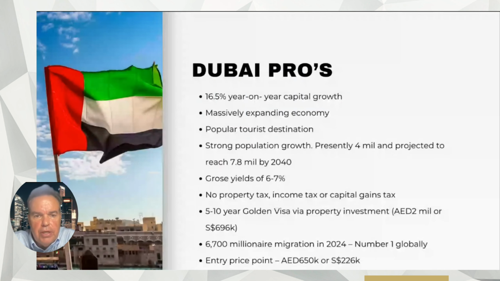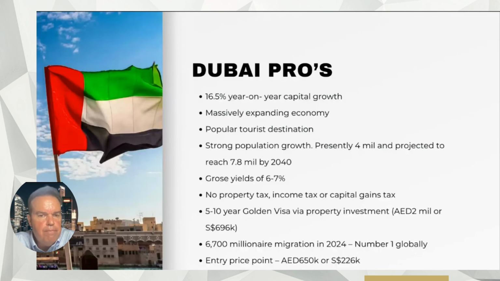Now, I think because of the favorable migration, golden visa and attractive tax jurisdiction, what we saw last year was 6,700 millionaires migrating to Dubai. That was the highest number of millionaires migrating to any country last year, in fact almost double the USA, which came in at number 2.